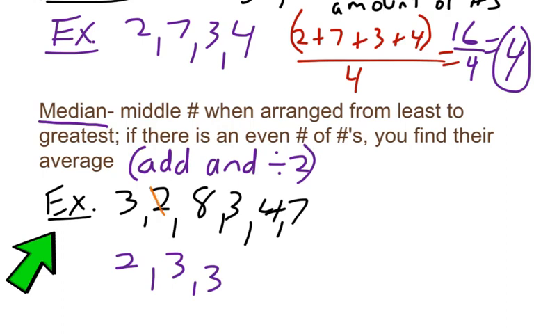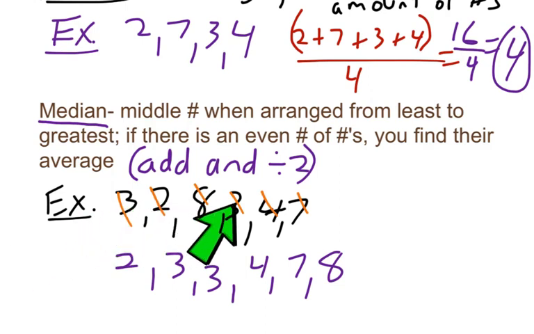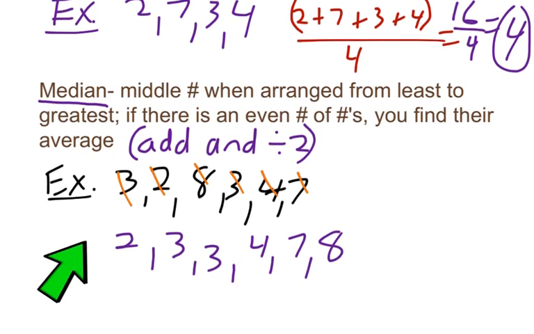So I've done the 2, I've done the 3, and now next I have 4 and 7 and then 8. And just make sure that you've accounted for all the numbers. It's also a good idea to count these up, 1, 2, 3, 4, 5, 6. Just double check that you've been accurate.